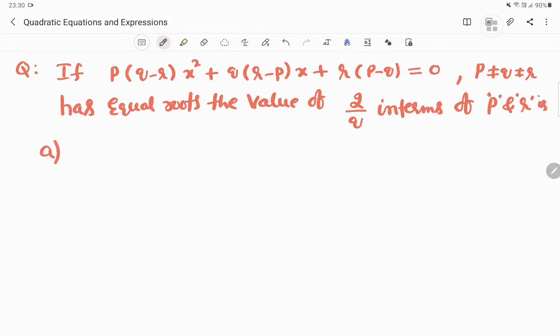First option: (p minus q) by pr is equal to 2 by q. B option: (p plus r) by pr is equal to q by 2.